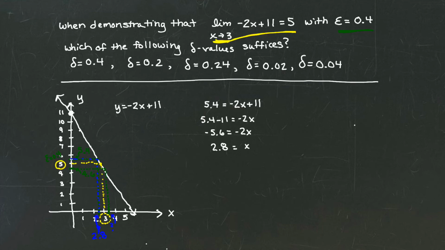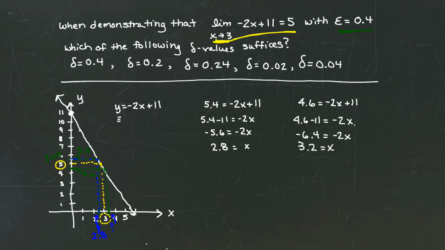We plug in 4.6 for y, so x is 4.6 minus 11, divided by negative 2. 4.6 minus 11 is negative 6.4, and dividing by negative 2 gives positive 3.2.